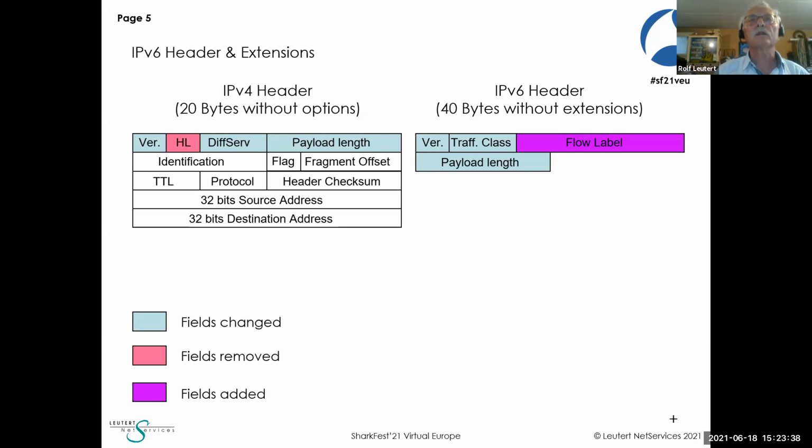Payload length, nothing different. We have a length field. We don't have the identification, flags and fragment offset anymore. Why? We do not fragment anymore on IPv6 routers. IPv6 routers will not fragment anymore. That's a very big difference. The reason is that fragmentation on a router takes a lot of resources.